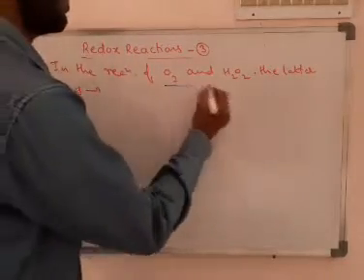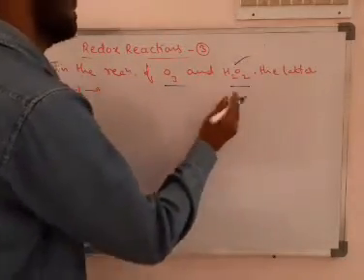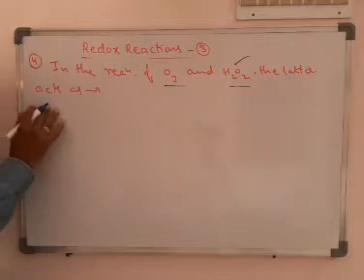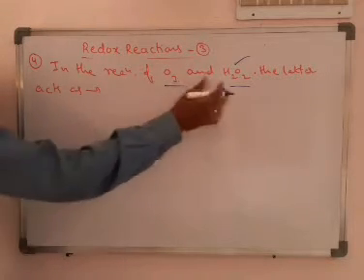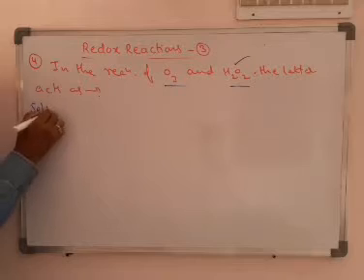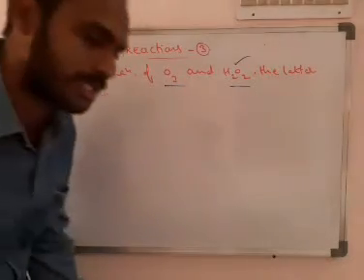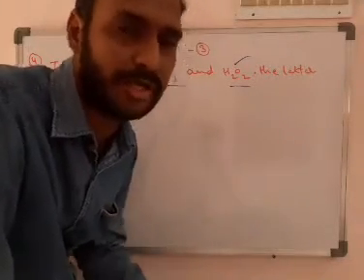The two compounds are given, and we have to find about the latter, which means the question is about hydrogen peroxide. It works as an oxidizing agent, reducing agent, or bleaching agent. We have to find that.